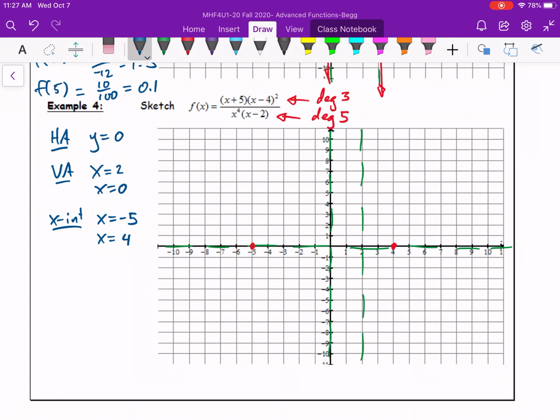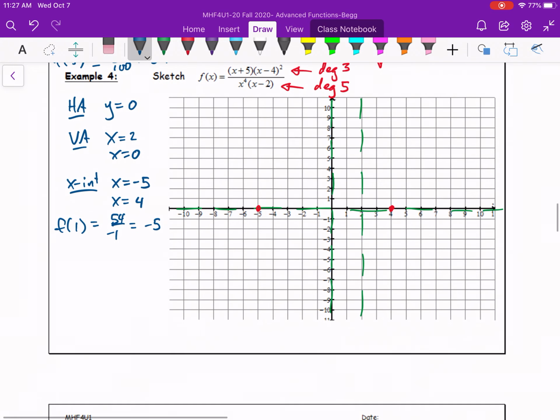So again, just pick some. Let's start with maybe an x value of +1. When I do that, I get 54 over -1, which equals -54. So that's way down off of our graph. But what we've seen is if we have a point way down here, and we know it's not going to cross the x-axis, and we know that because there's no x-intercepts in this range here, so it can't possibly cross the x-axis, it must be facing down and away.